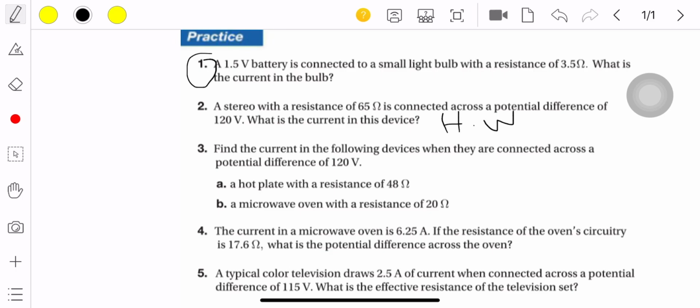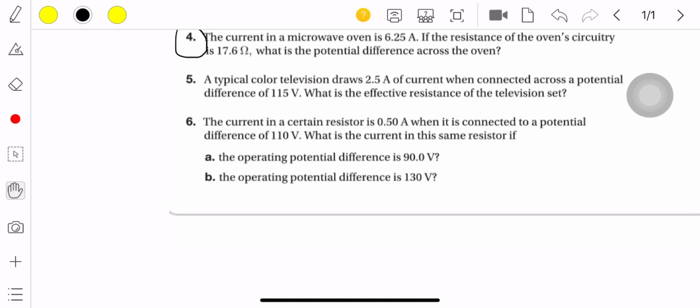I will not do it. Number 3 has two parts. The electric current is also unknown, so I don't want it; even though it is not homework, it is cancelled. Number 4, I will do it. The potential difference is unknown, so I will do 1 and 4 with you. Number 2 is homework.